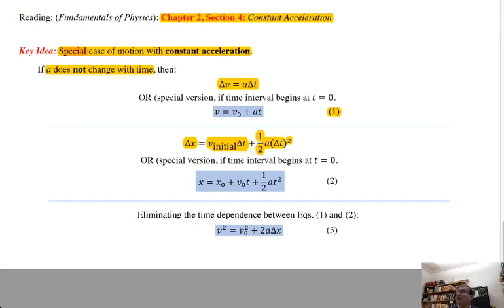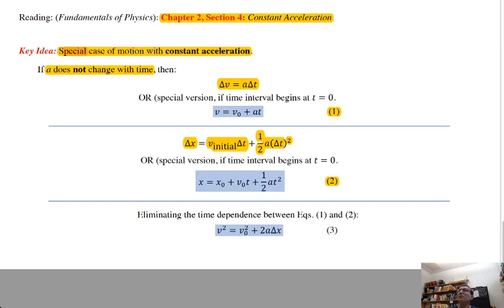Delta x means change in x, final minus x initial, but x initial is now written x sub 0, and the minus x initial is now taken over to the other side of the equal sign, and then you get the second shaded equation, which I've numbered equation 2. X final equals x initial plus v initial t plus 1/2 at squared. And I call that constant acceleration equation number 2.